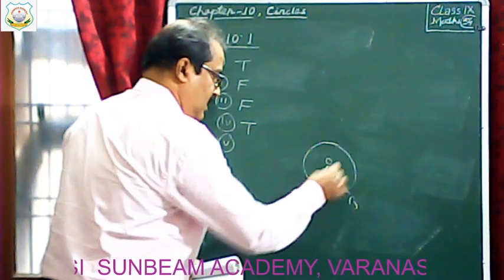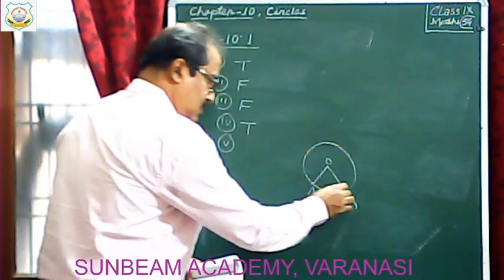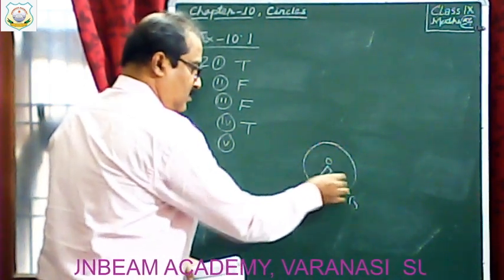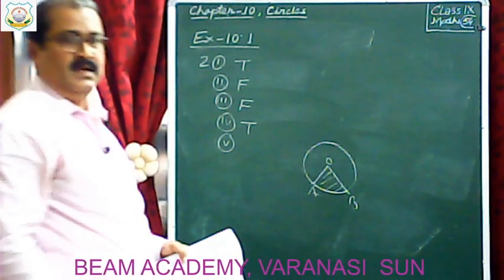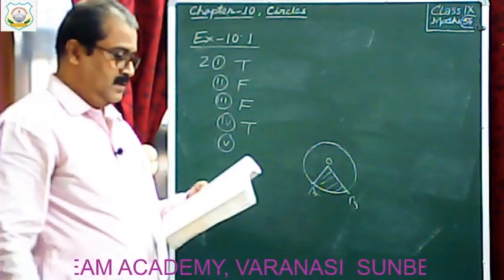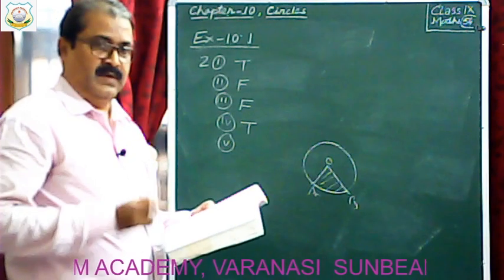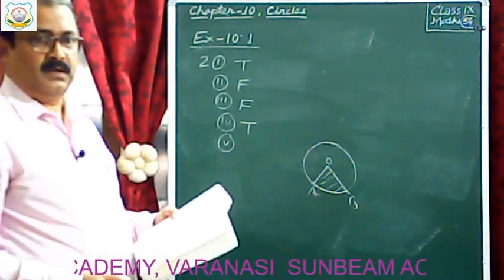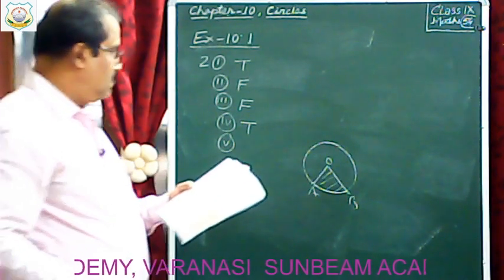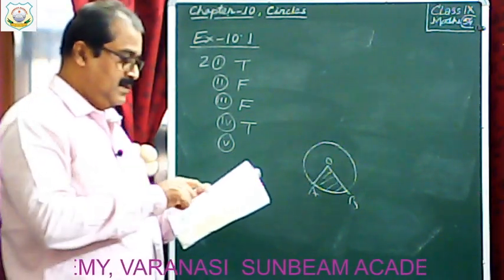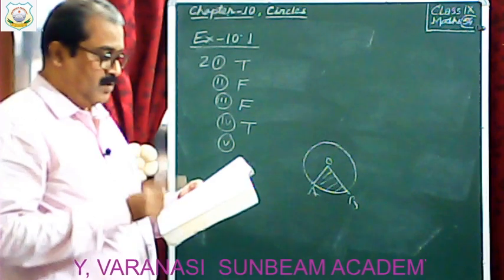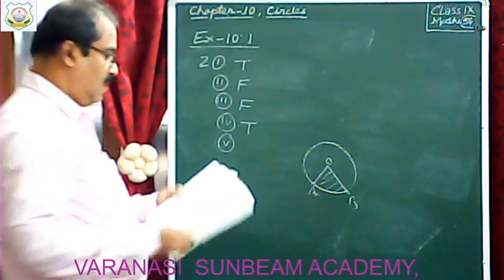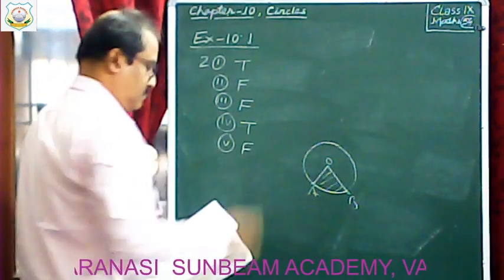These two are radii and this is the corresponding arc. The region bounded by this is known as a sector, and a segment is a region between a chord and the corresponding arc, isn't it? So fifth is false.